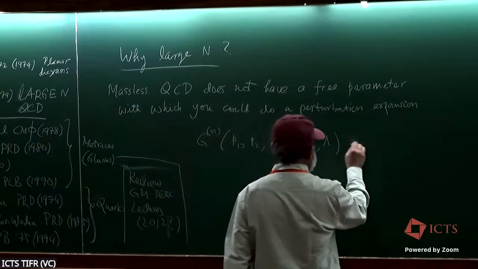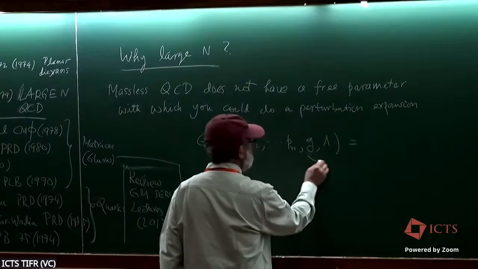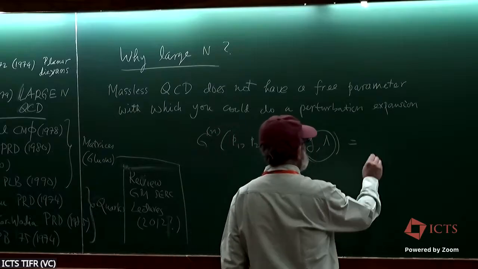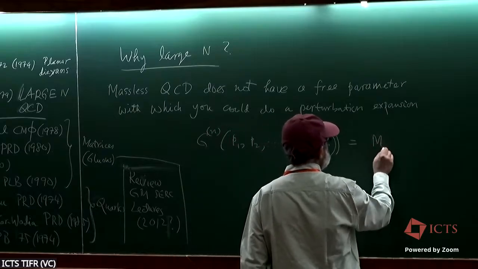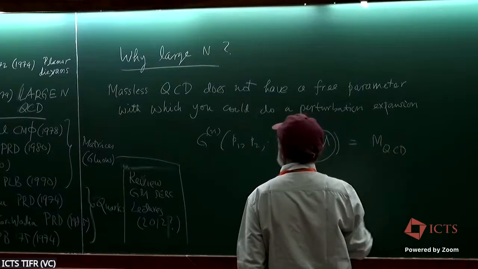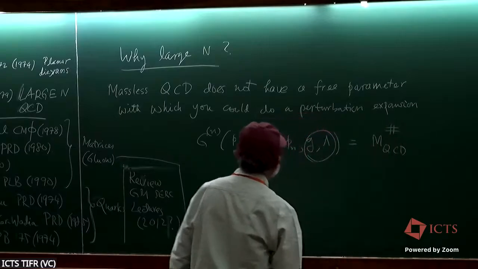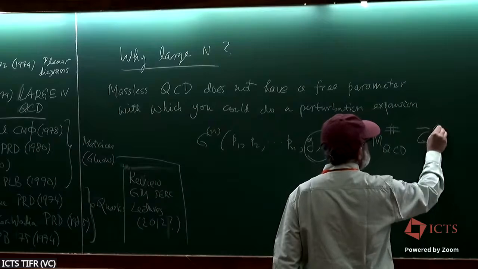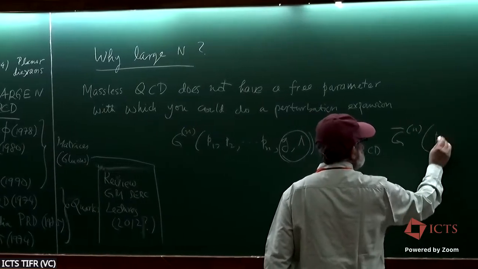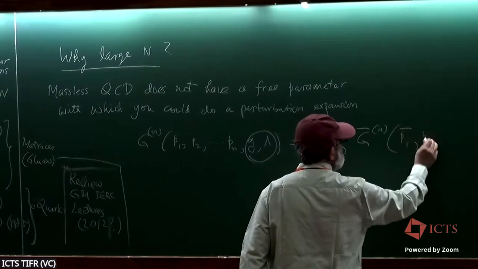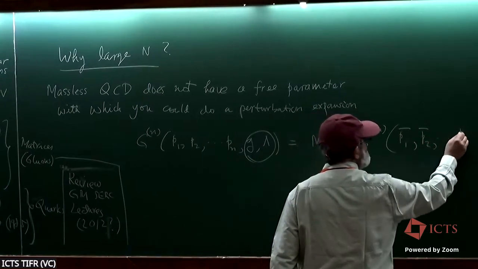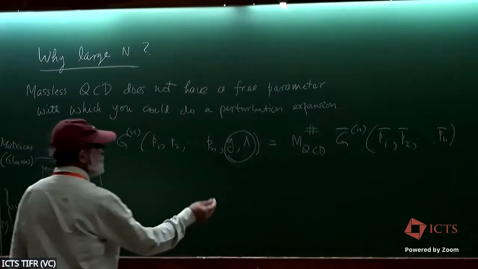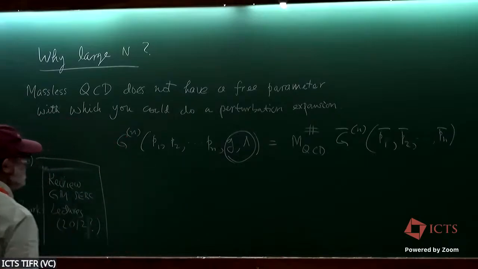So this g and lambda get transmuted to give a mass scale, which is called lambda QCD. I'll call it M_QCD here because this is a mass scale to some power that depends on the power counting dimension of this Green's function. And this becomes no couplings.